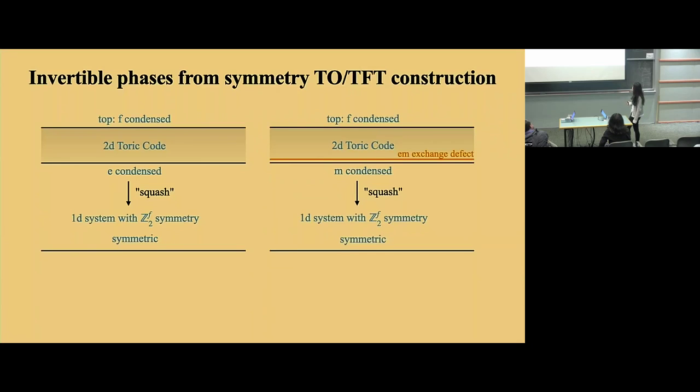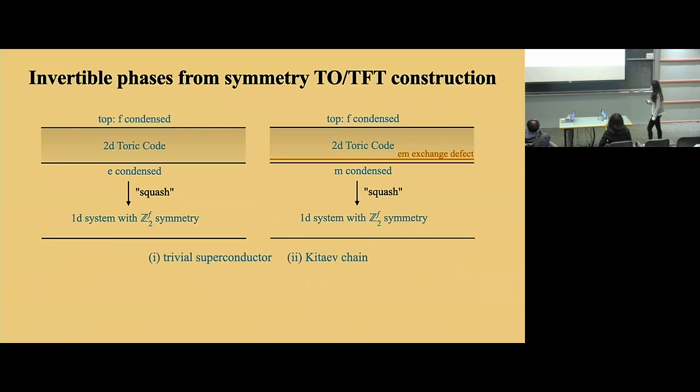And then doing this squashing again, you will get another system still symmetric under the Z2 fermion parity symmetry. And through the exact calculation, you can find that, yes, we have two phases respecting fermion parity symmetry. One is the trivial superconductor, the other is this Kitaev chain system.